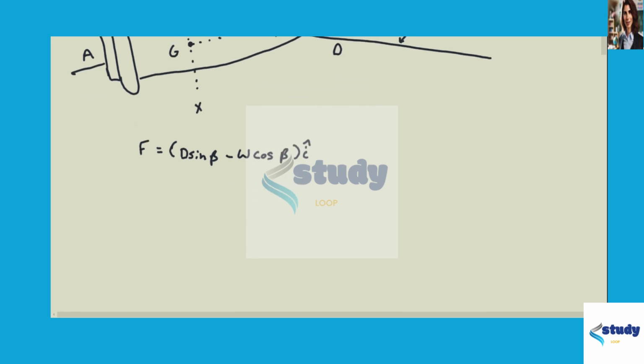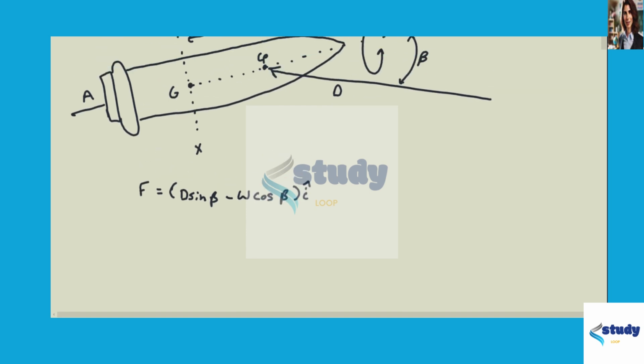And we need to express the moment about G. So the moment here about G is going to be expressed with M_G equals D, I am sorry, I cannot write D's today, apparently. So D C sine beta j hat, okay?